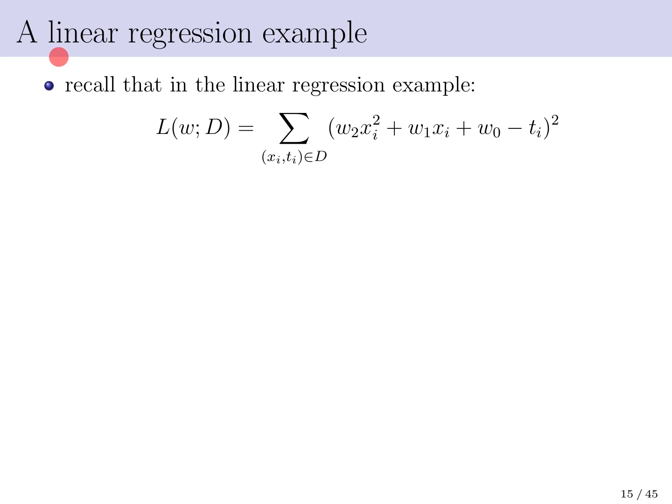Let's get back to the linear regression example which I have given earlier. In this specific linear regression example, the loss function looked something like this, right? You want to find the parameters, three real values W0, W1, and W2, that minimize this value.